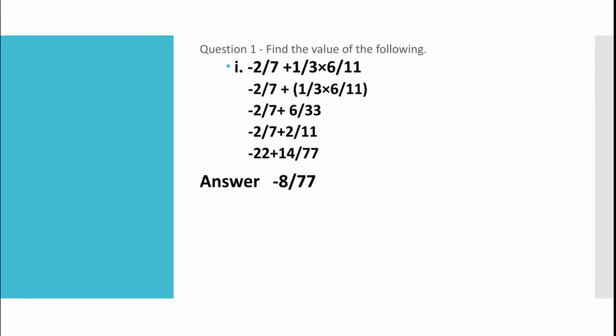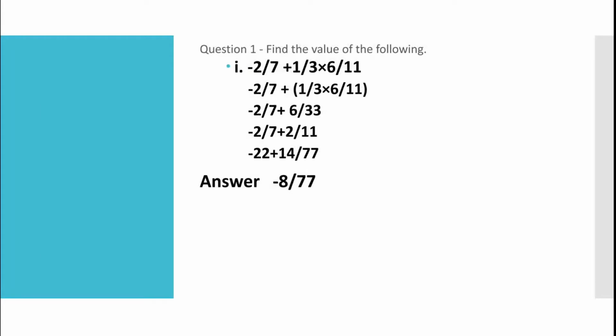Question number 1. Minus 2 by 7 plus 1 by 3 multiplied by 6 by 11. Okay, so here first we will solve the multiplication. So we have to multiply numerator to numerator and denominator to denominator. So the answer we got is 6 by 33.